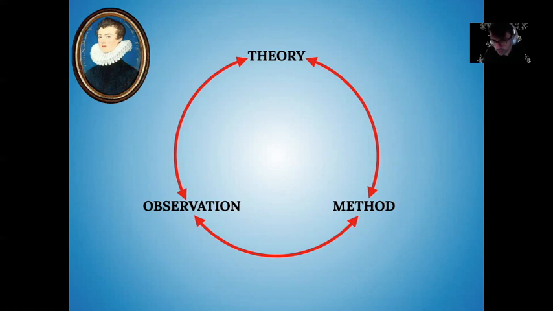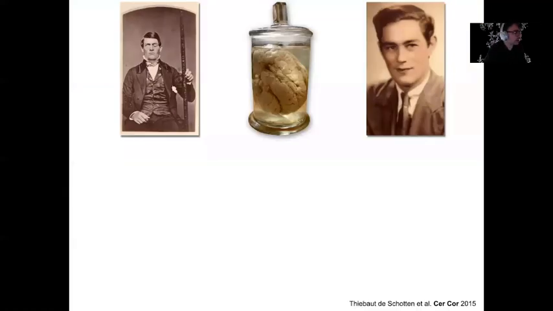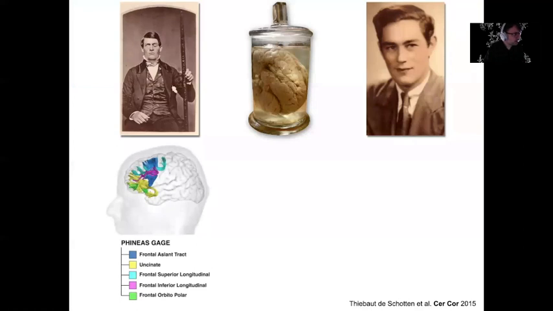And this way, we've been able to explore our three cases and see that if you look at the connections that were interrupted in those three cases, you can also build a theory that makes sense. For Phineas Gage, for example, the bar that went through his frontal lobe disconnected the amygdala from the rest of the frontal lobe, the amygdala being a key structure for emotion.